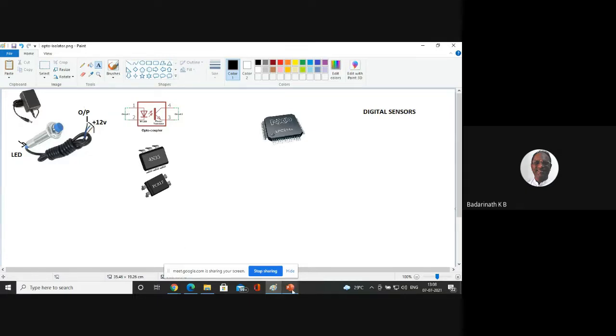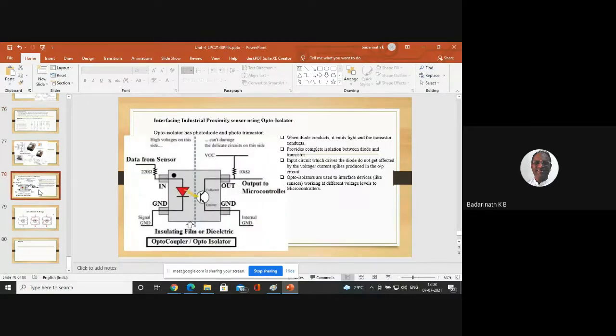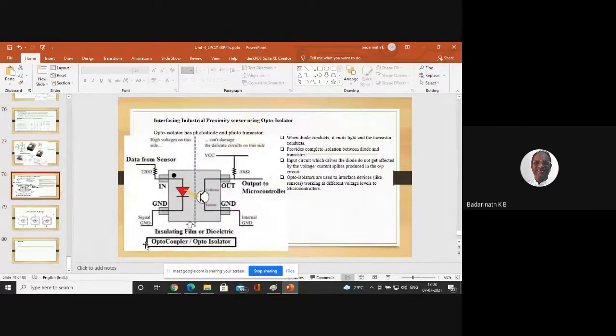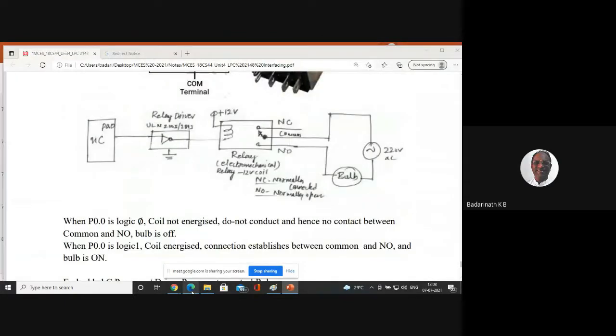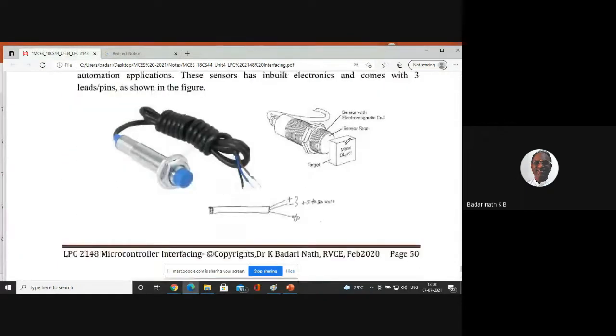If you look at the slide, you can see the small metal object is there. If this metal object comes near the proximity sensor, then it identifies that something has come here. Immediately it generates a signal. That means the LED glows.